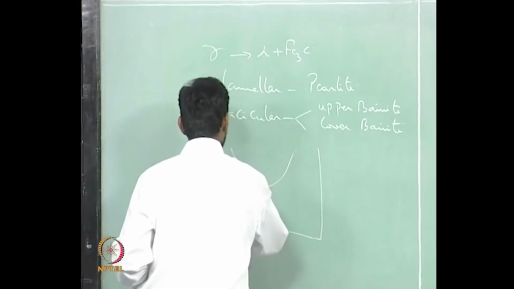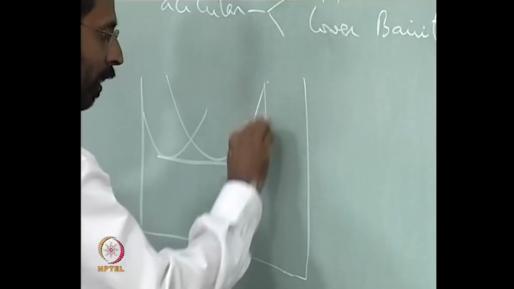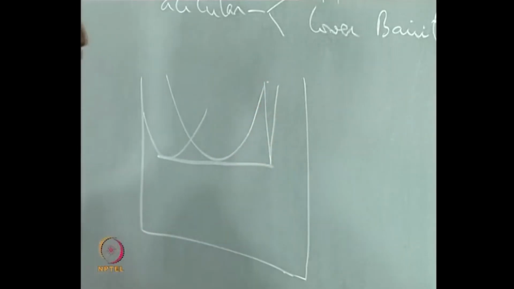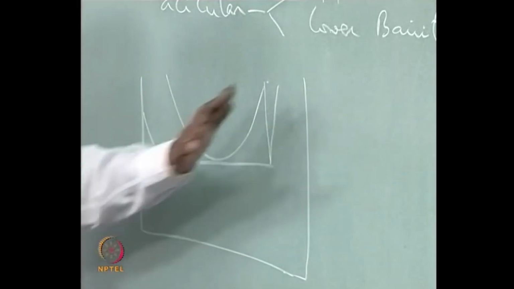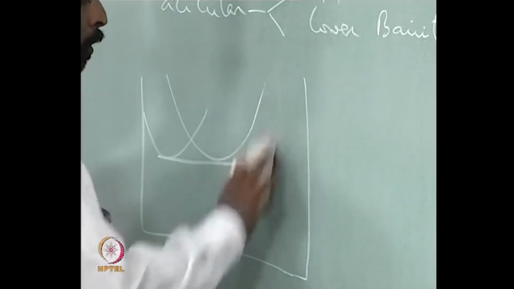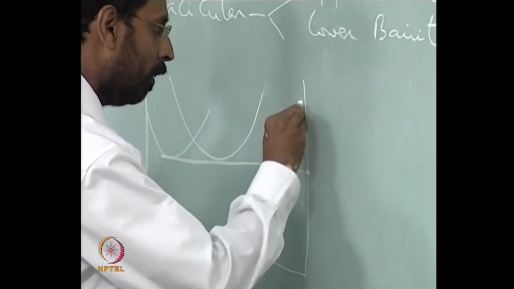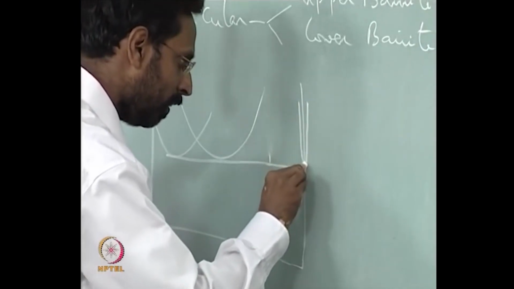You have gamma, you have alpha, and somewhere here let us say you have a cementite. Let us say this is pure carbon going that side, or if you want to take this as a cementite, you put cementite here, it is up to you. So, this is the free energy of the cementite, let us say.